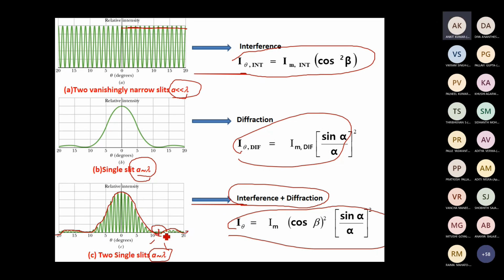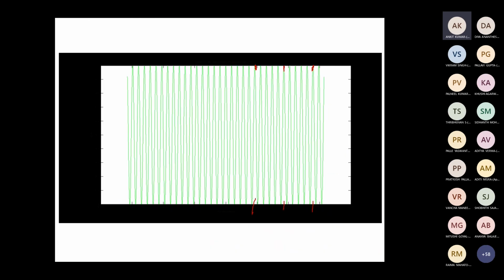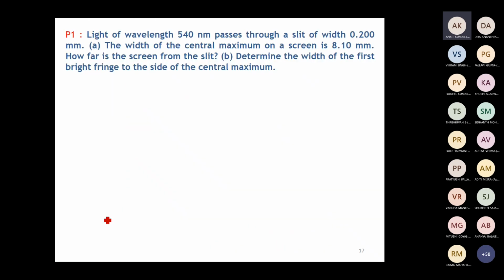Whenever a diffraction minimum falls on an interference maximum, the intensity of the interference bands decreases and some of them will go missing. That will not be there. So the interference bands will not be seen on the screen. We call this envelope the diffraction envelope or fringe envelope. So that is what has been shown here.